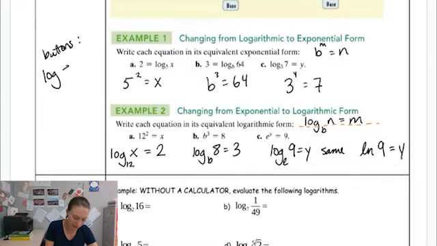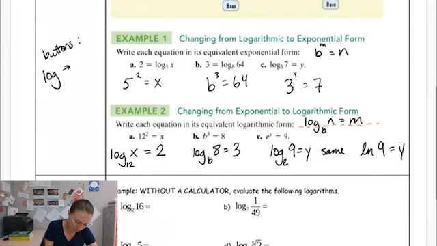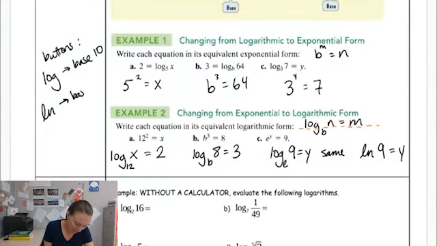The log, just log, has a base of 10, because we use base 10 systems in the real world all the time, especially in science. And then ln, and I use a little cursive L so it doesn't look like a 1, this has a base of e, and we saw one example of an application of e in our last lesson, which was continuous compound interest.